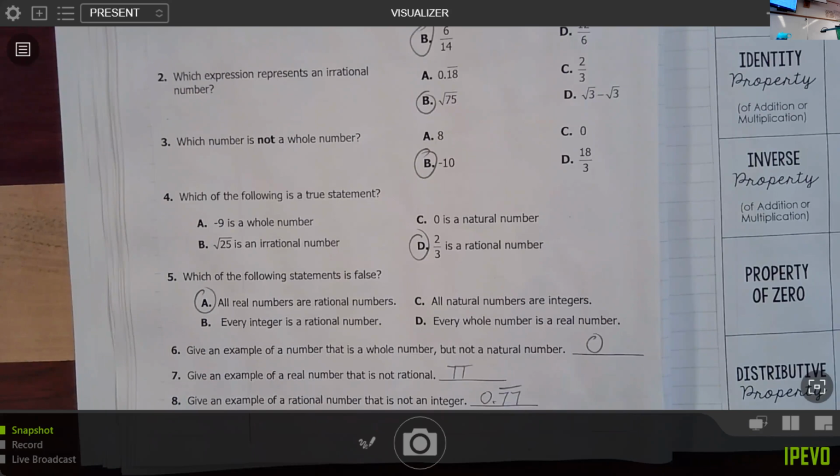What do we say about it? It's a negative number. Yeah, that's negative 3.